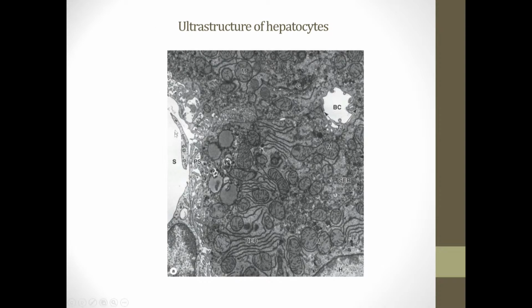Okay, this is the sinusoidal space, and this is the perisinusoidal space, and these cells have projections into the perisinusoidal space. So hepatocytes have very close contact with blood, and these projections enter into the sinusoidal space.